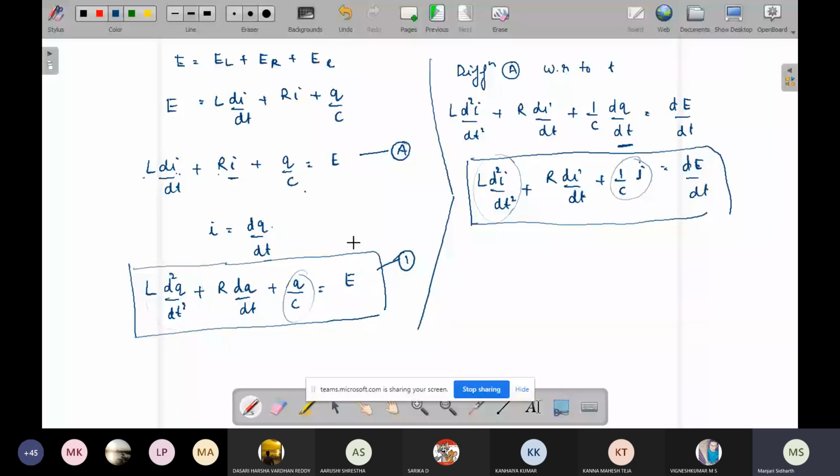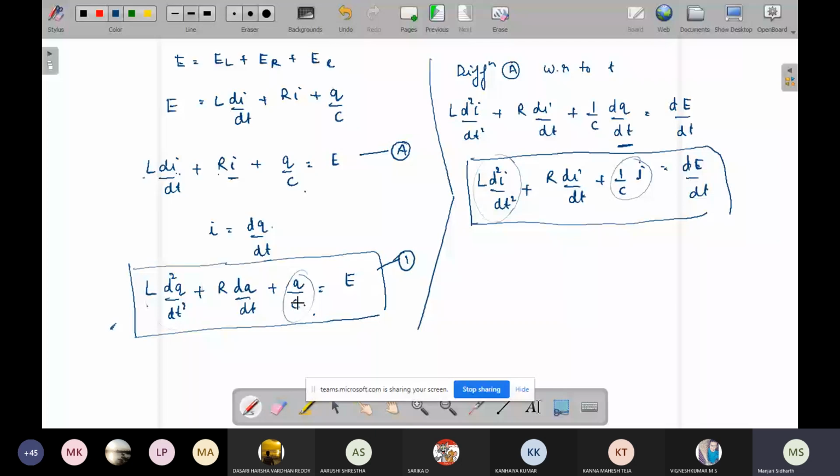But when we are writing the model, suppose in exams it is asked to find the charge, then use this differential equation and you will have the values of L, R and C. Even if it is mentioned that there is no capacitor in that circuit, just take it as 0.